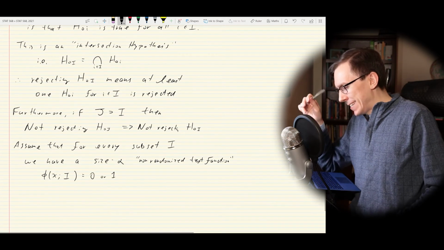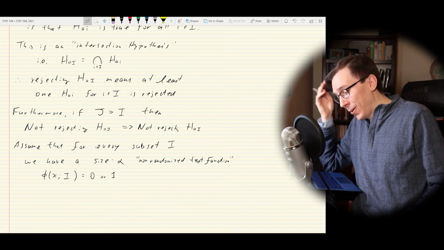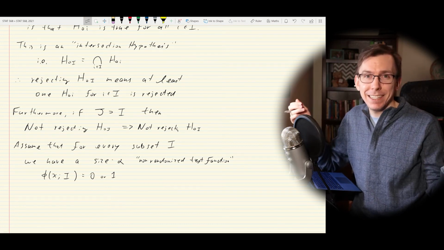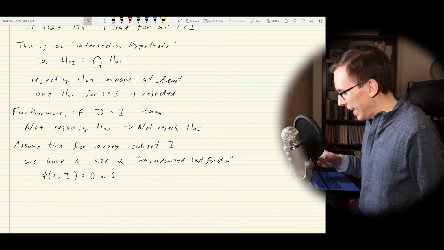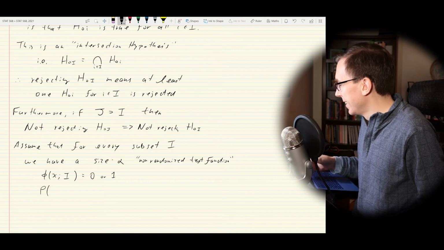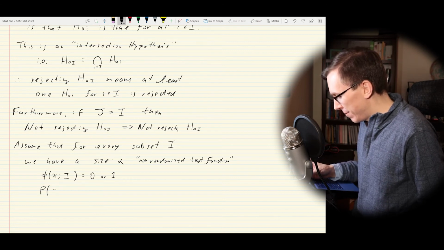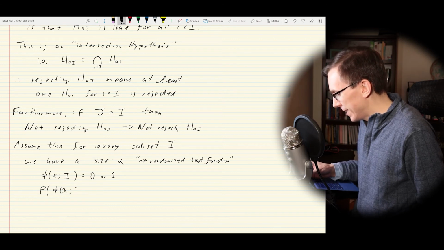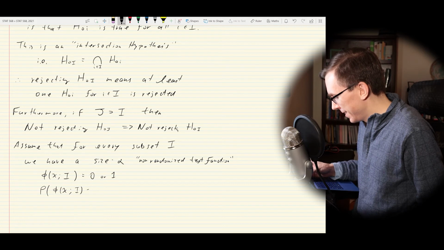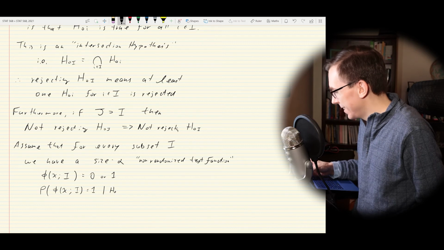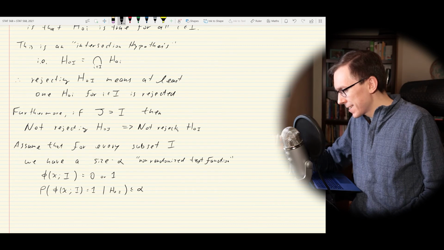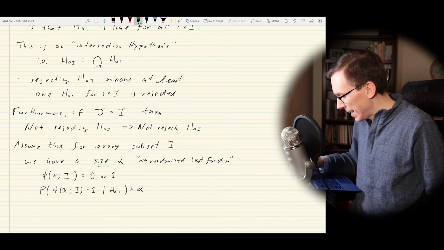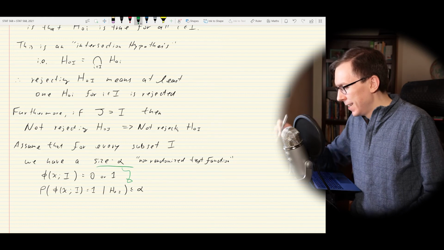So non-randomized test function is just the fancy way to say, okay, I got some function, it's basically going to equal 0 or 1. And the probability that phi of x, I hate x here because x doesn't really mean anything, but we'll just stick with the notation, under H naught I is less than or equal to alpha. So this is the whole size alpha bit.